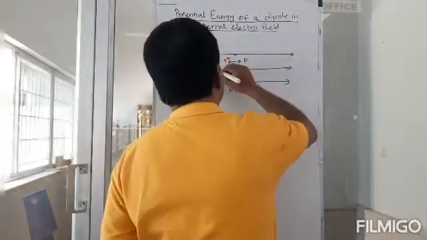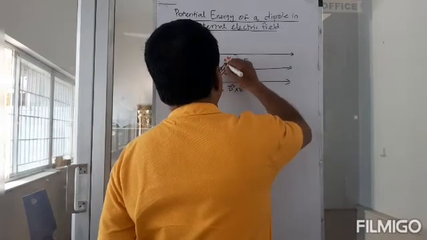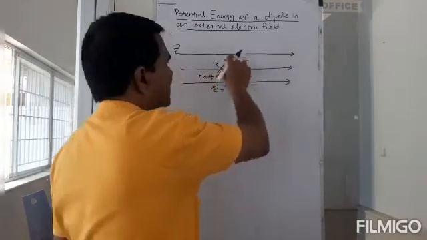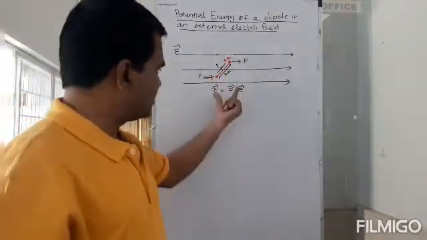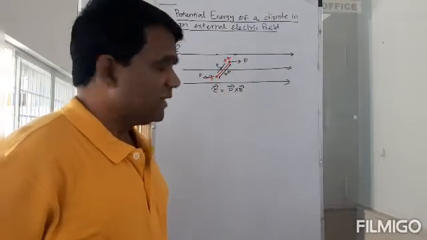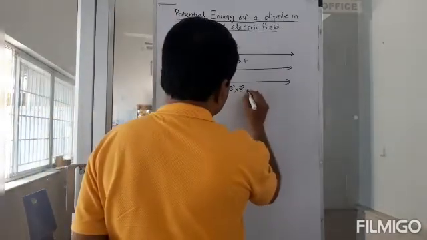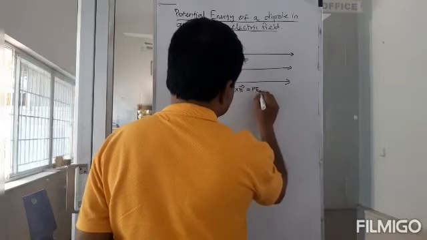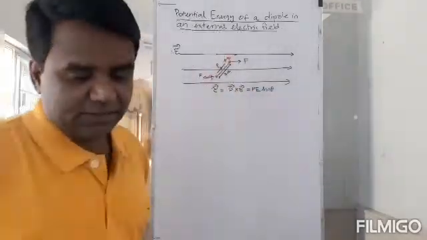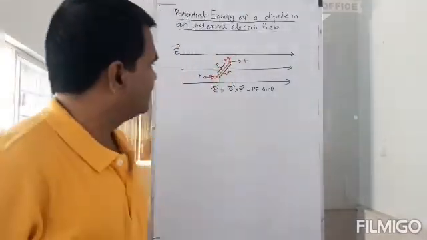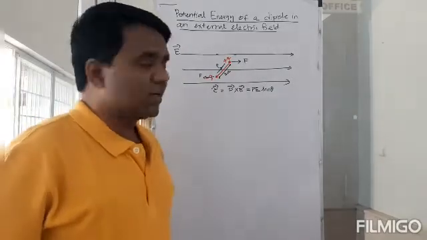So this was your P, and this was E. P and E have an angle between them, and the torque experienced was P cross E, which was equal to PE sine theta, right? Okay. Then what happens now?